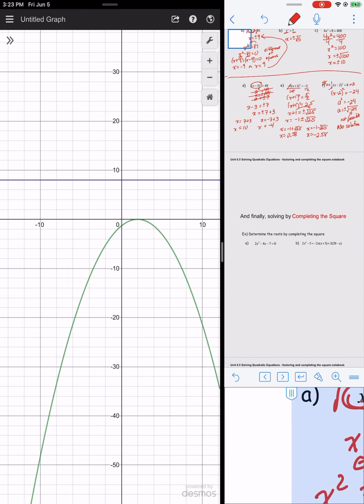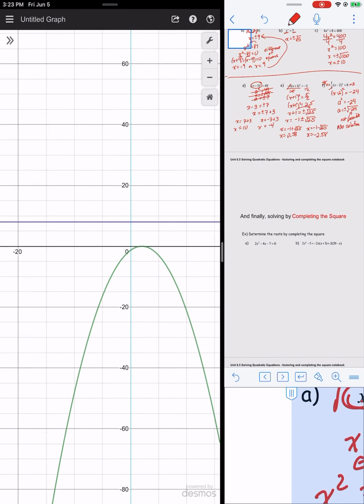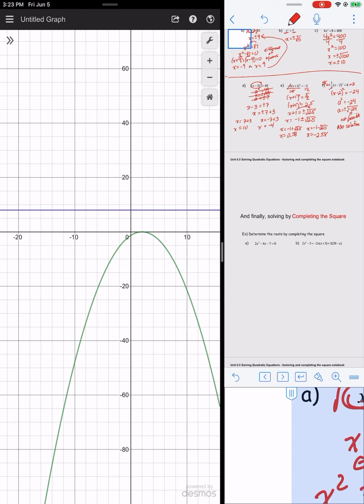The purple graph is y equals 8. The green graph is the parabola. They are not intersecting at all. So there is no solution to this.